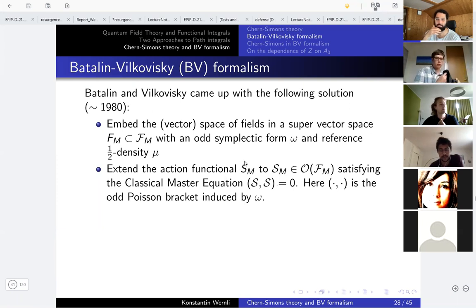So I have a symplectic form. That symplectic form gives me a Poisson bracket, and that Poisson bracket is odd. In particular, it makes sense to look for functionals satisfying this equation.